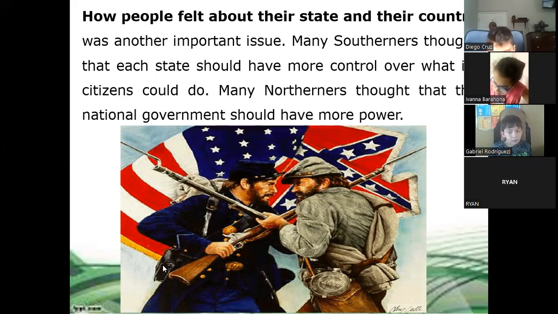So here you have the Civil War, okay? These represent the two groups of states, the Northerners and the Southerners. The Northerners thought that the national government should have more power. And the Southerners wanted to bring more slaves as their properties.